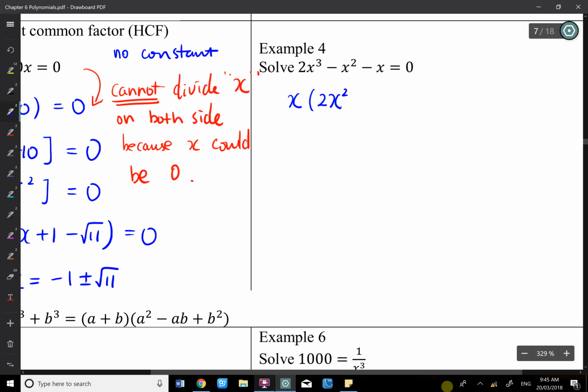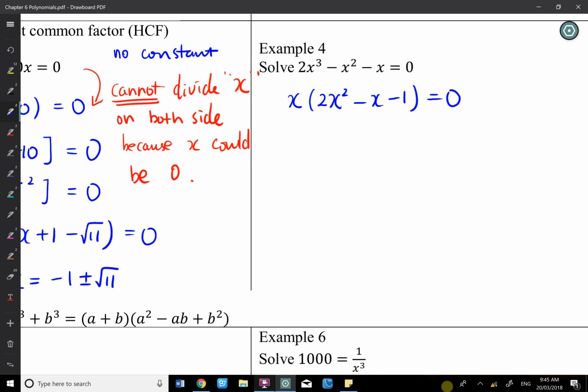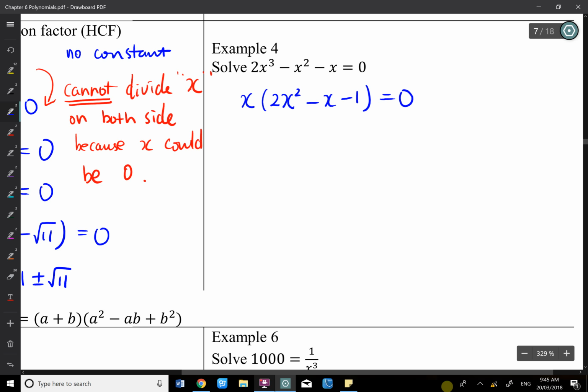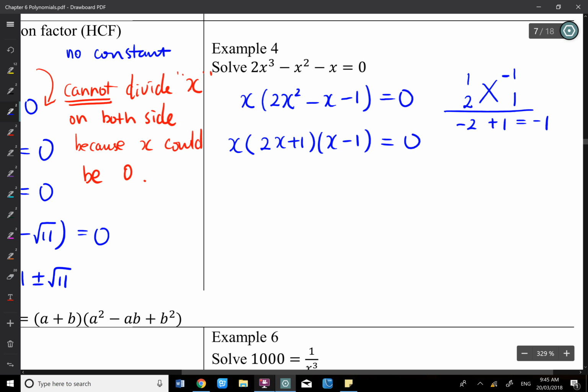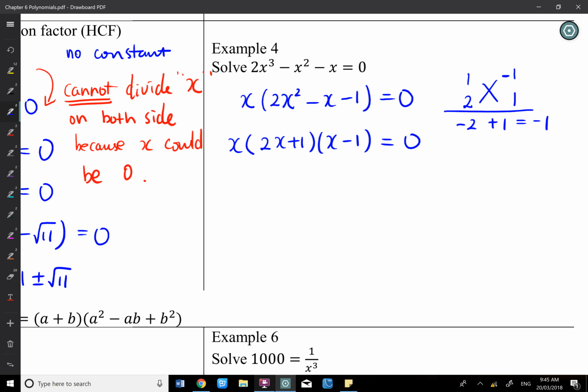So 2x squared minus x minus 1 equals to 0. Well, I think this is a pretty good number. 1, 2, 1, 1, minus 2 plus 1 gives you minus 1. So I can factorize that directly. 2x plus 1 and x minus 1 equals to 0. This one can be factorized directly.